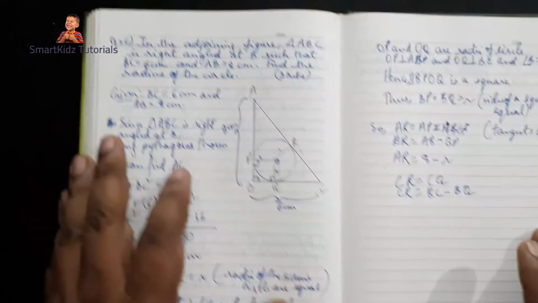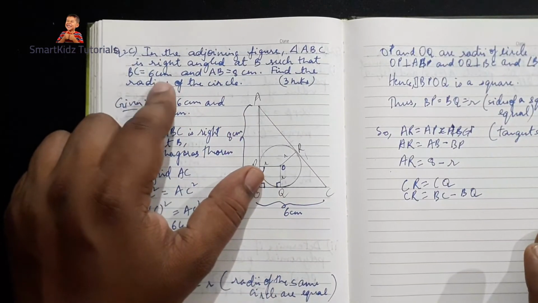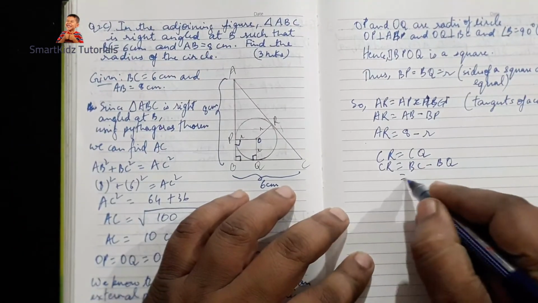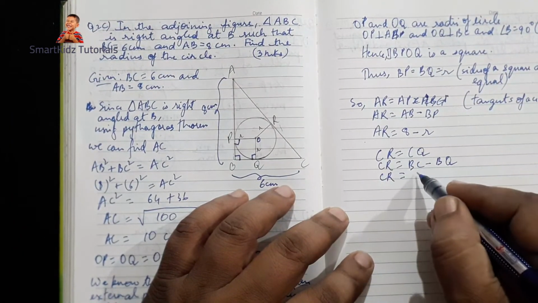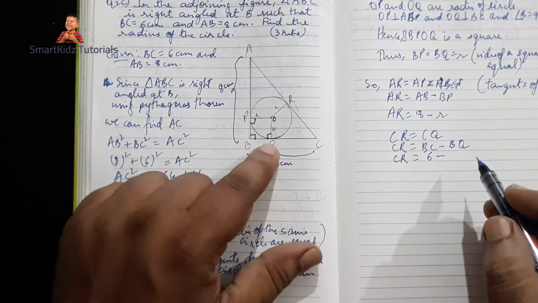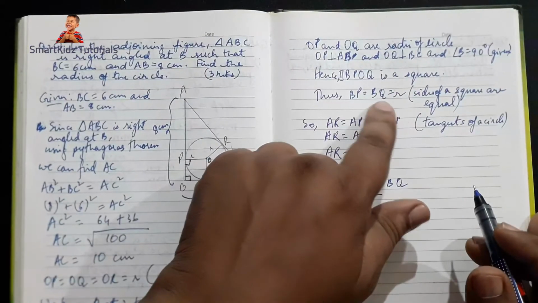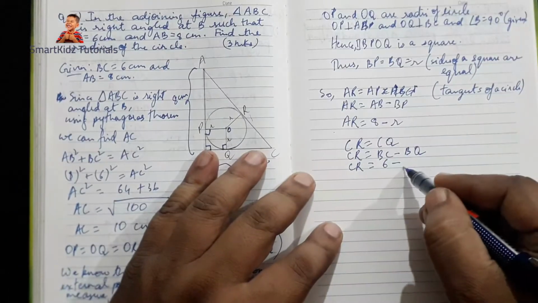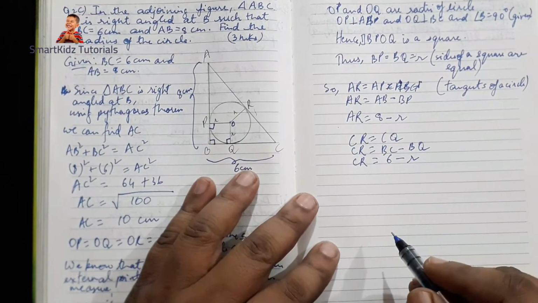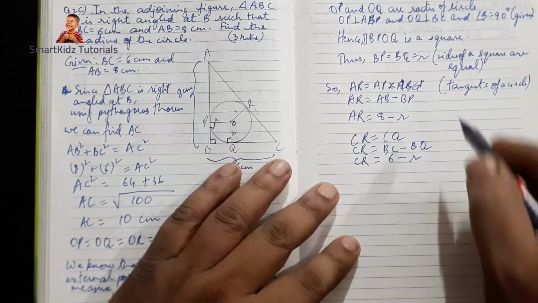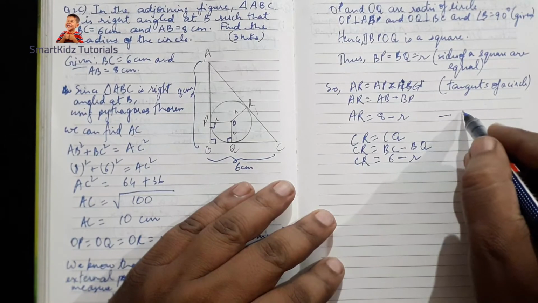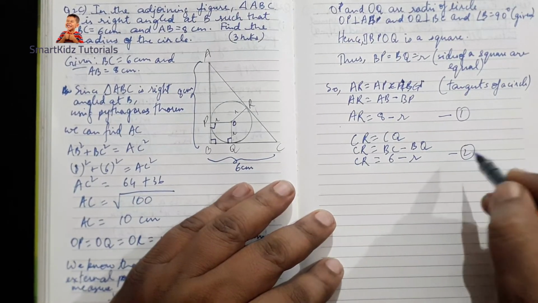Okay, and BC is given to us as 6 centimeters. Write CR equal to 6 minus, and BQ we have written over here as equal to R. So R over here. Okay, then we'll mark this as 1 over here.